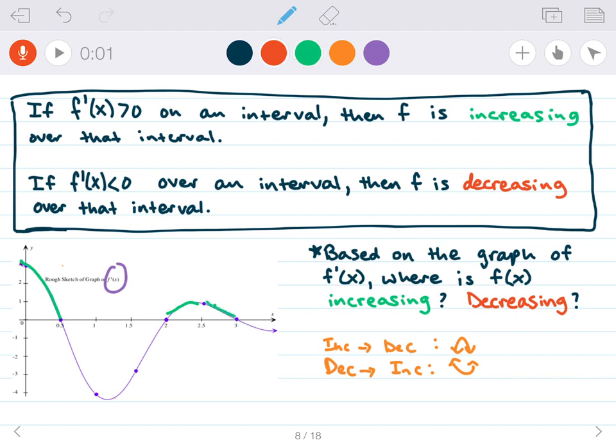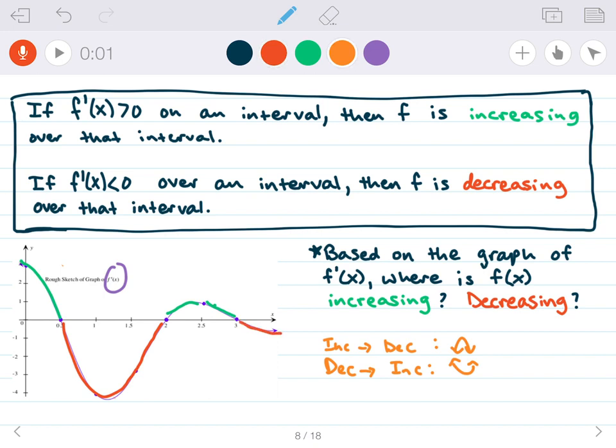And then when f prime of x lies below the x-axis, in other words, f prime of x is negative, then the function's going to be decreasing there. So it's going to be decreasing right here, right? Because this whole portion lies below the x-axis, and so does this portion right here.